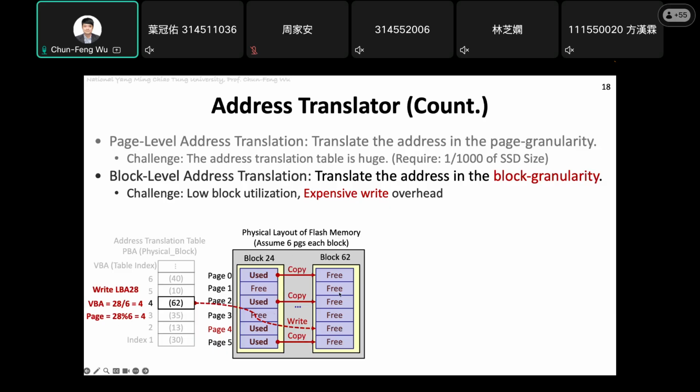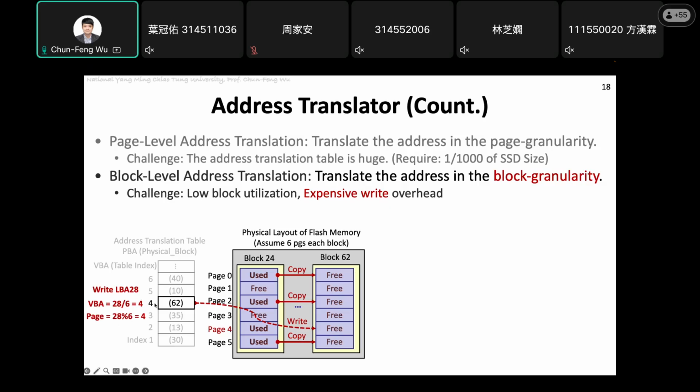Block 24 will not be used in the future; it becomes invalid. We directly change to the new block, so we only need to change the block number from 24 to 62.